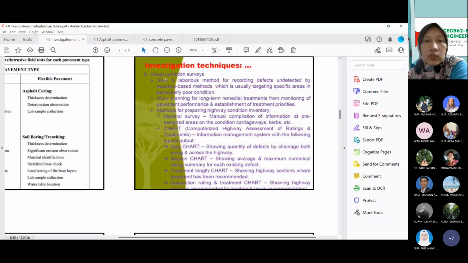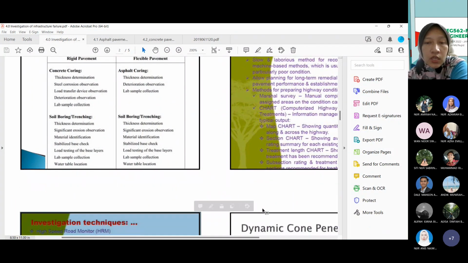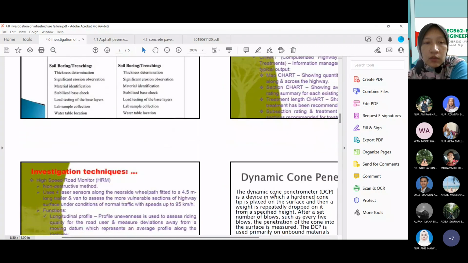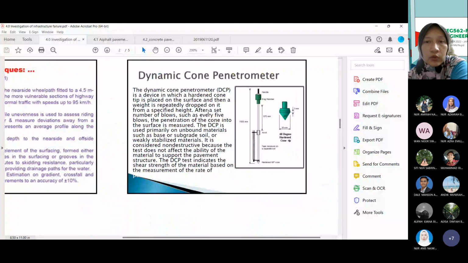Investigation techniques, for example, visual condition survey. Commonly, the visual condition survey is integrated with automated tests or automated equipment because it is more reliable and gives real-time data. Other than that, we also have the high-speed road monitor. And if you have heard of the dynamic cone penetrometer, it is a common test carried out on site. It is a device in which a hardened cone tip is placed on the surface and a weight is repeatedly dropped on it from a specific height.